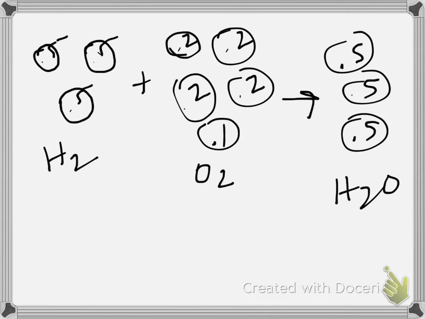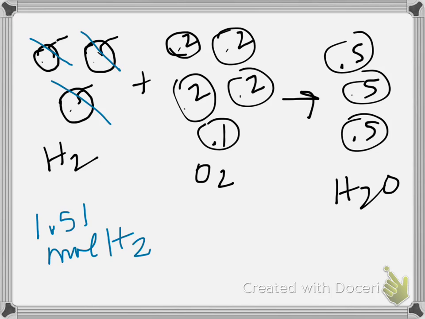So we said that if we reacted 1.5 moles of hydrogen, we would make 1.5 moles of water. 0.5, 1, 1.5.